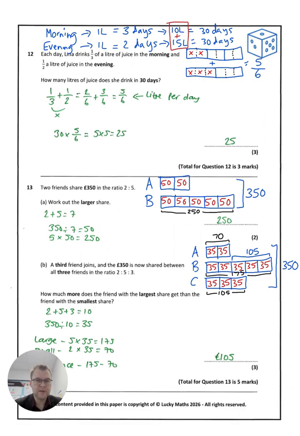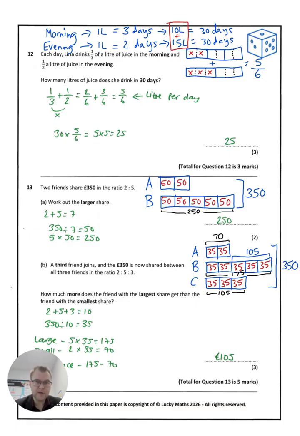And in the evening, if you drink half a litre per day, it will take 2 days to drink 1 litre. So 2 days times 15 gives us 30 days. So that's 15 litres for the evening drinks. So 10 litres and 15 litres will also equal 25 litres.